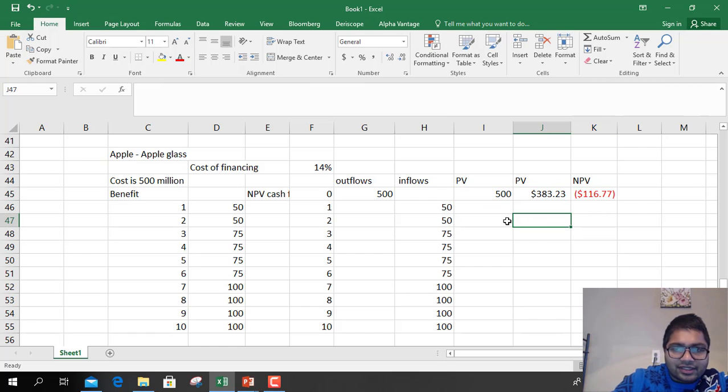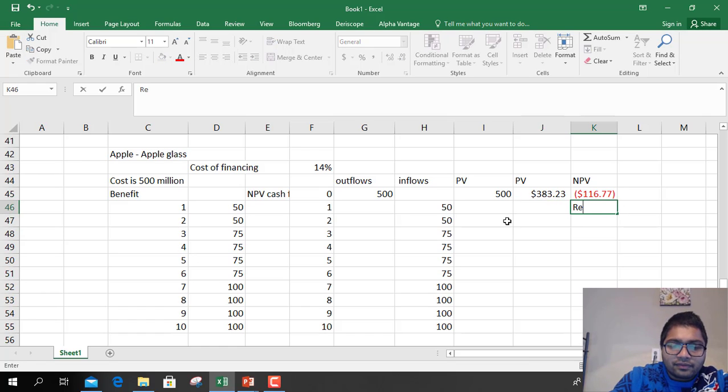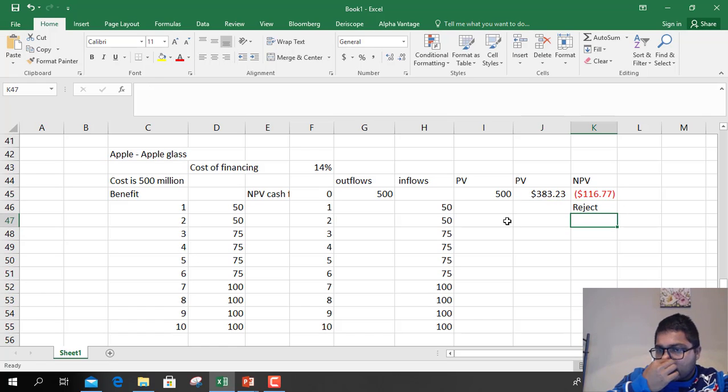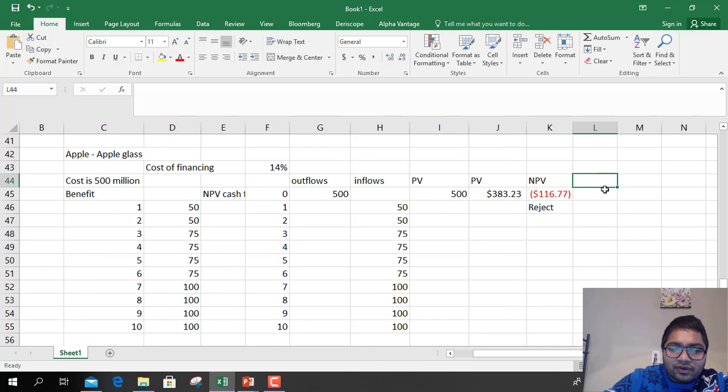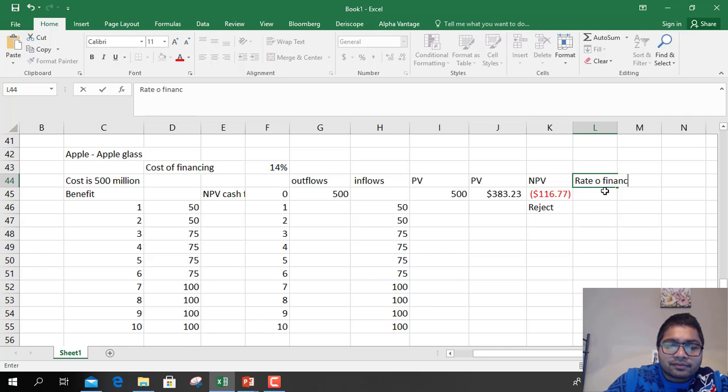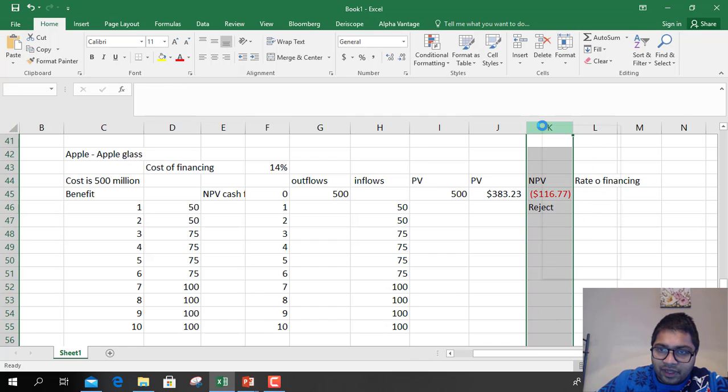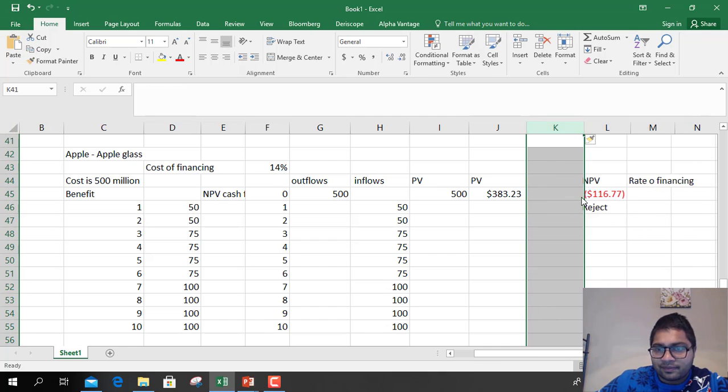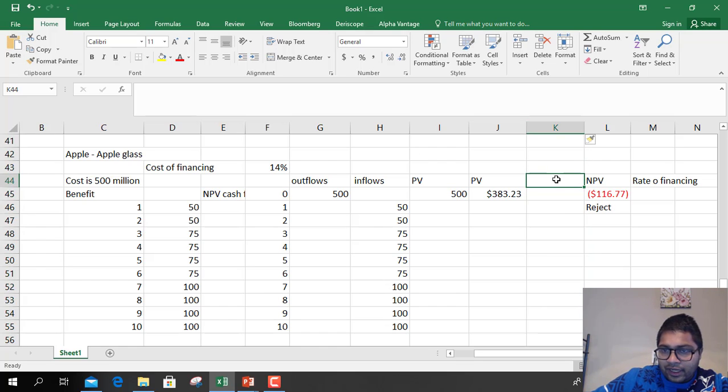So you would reject the project. Let's do one thing. Let's see what the NPVs would be if the rate of financing changes. I'm calculating NPVs, present values, if different rates of financing are there. So rate.